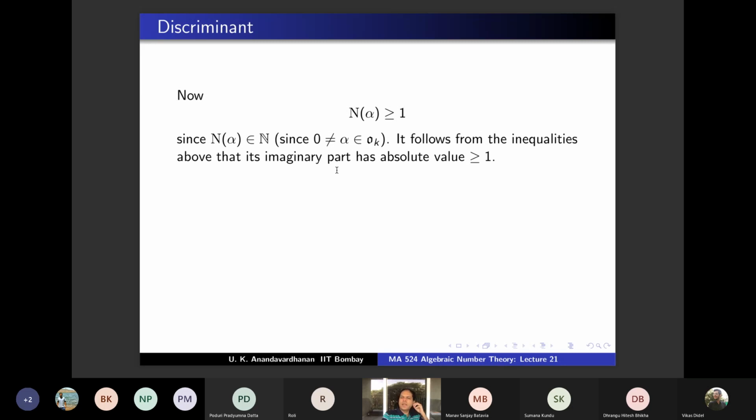Can we conclude bigger than 1? But anyway, I don't need it. I just want to say that the imaginary part is non-zero, which is certainly true, because otherwise the norm would have been less than 1 by 4.